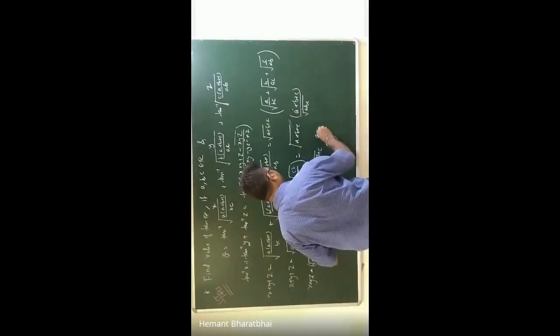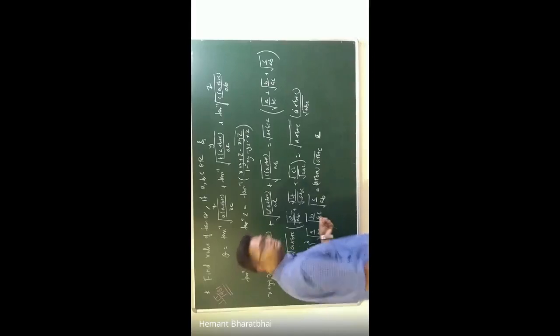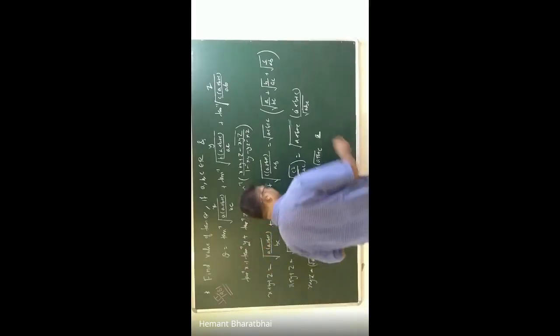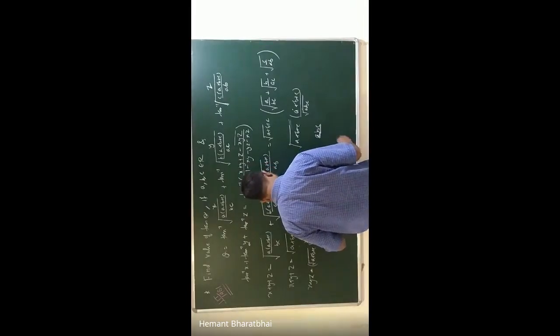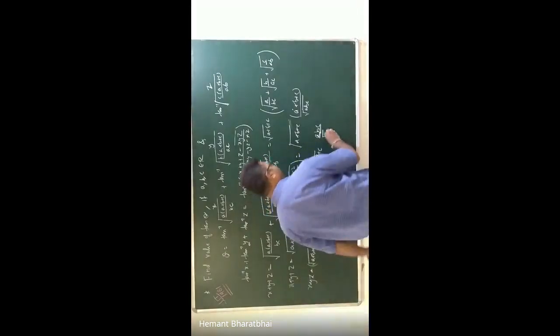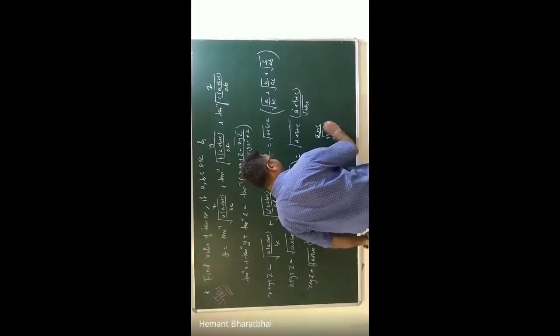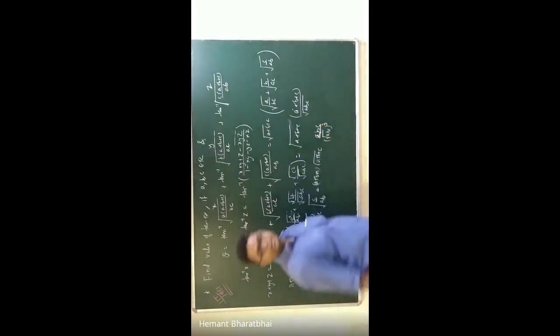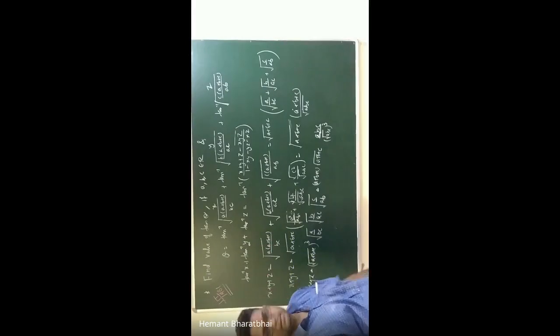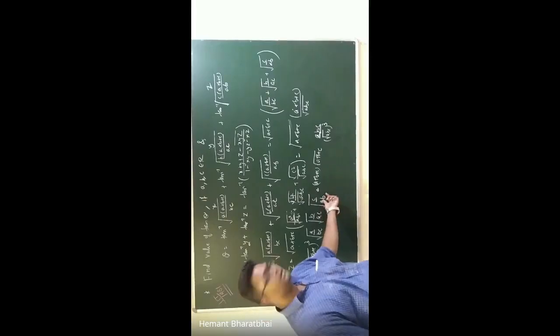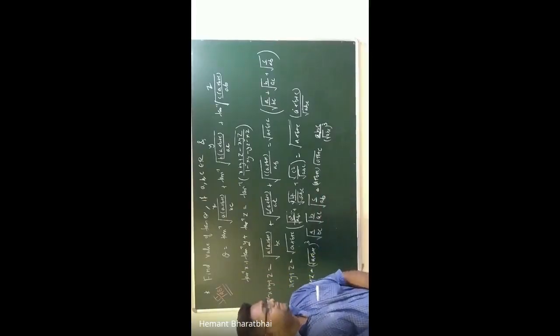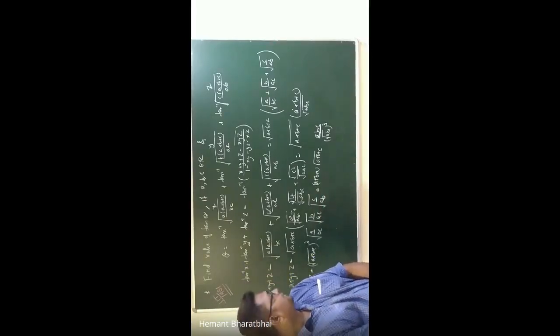So here I am going to get a, here b, here c, and here I am going to get abc into abc into abc, so I will get abc the whole cube. From the multiplying and dividing, I am getting abc here, abc here, abc here, so I will get root of abc the whole cube.